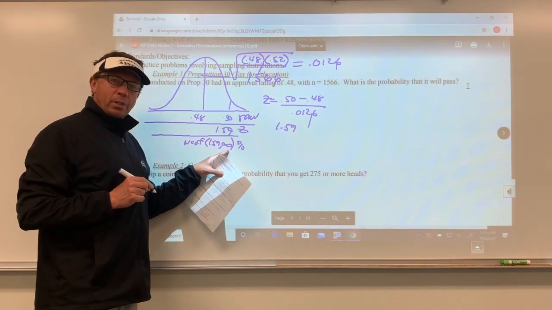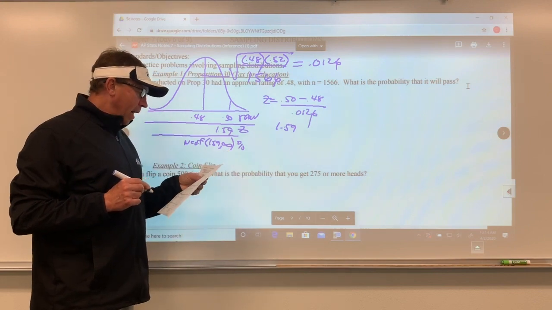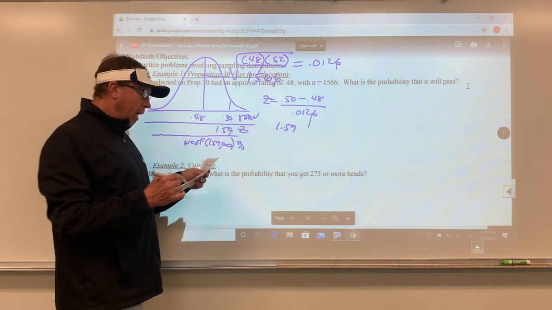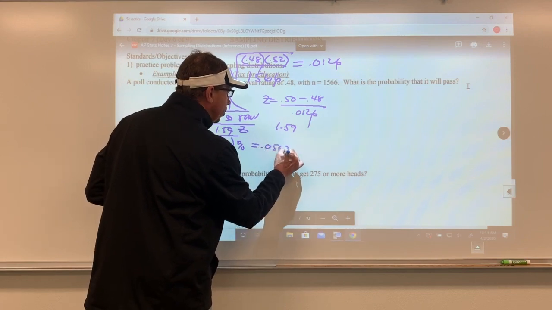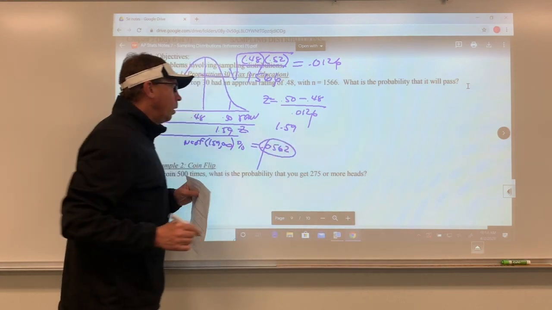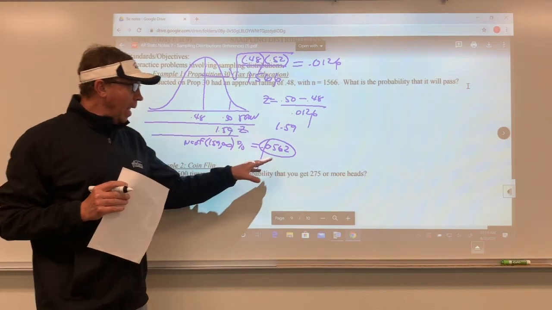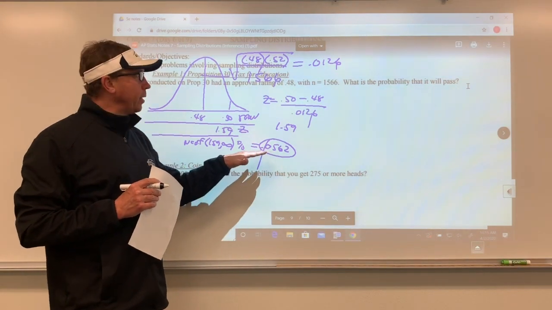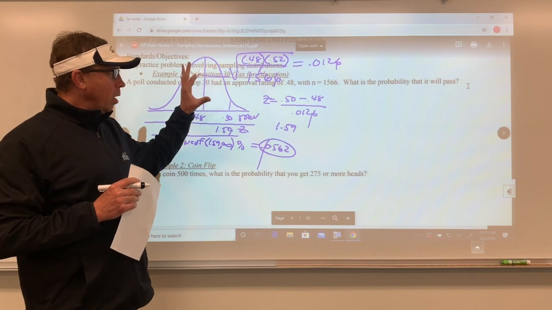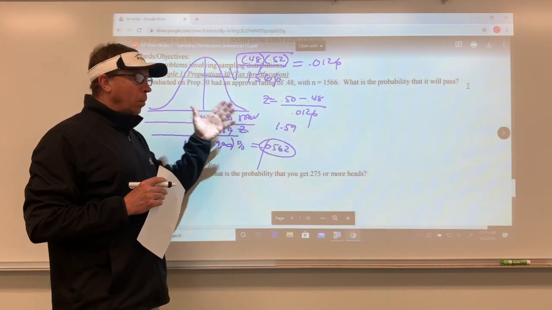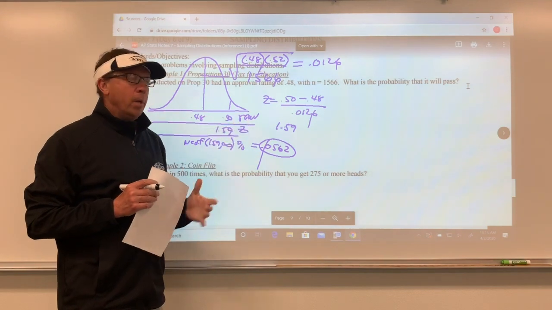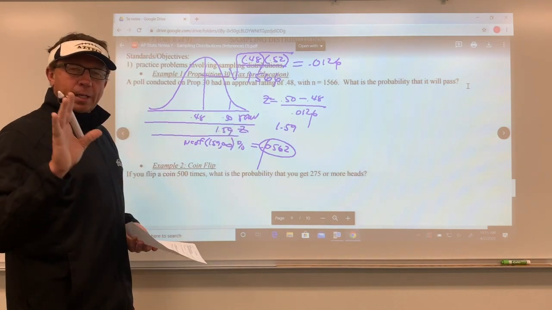Probably the number 1,000 is just fine. 1.59, infinity, and that's going to come out 0.0562 or thereabouts. Okay, so 0.0562. So that is the approximate answer using the normal curve, which is basically a normal approximation to the binomial.